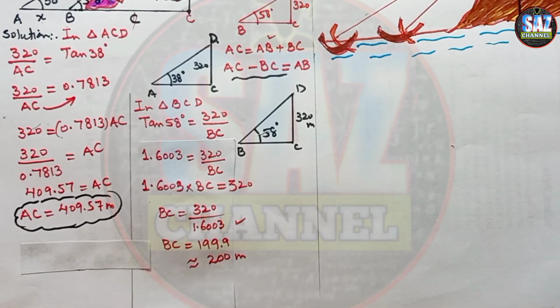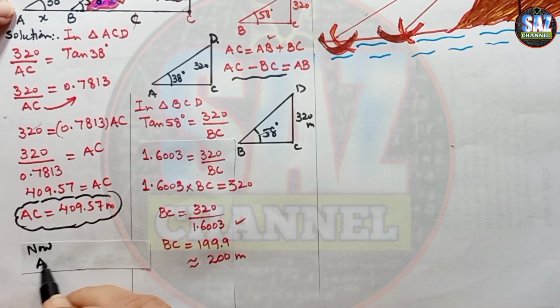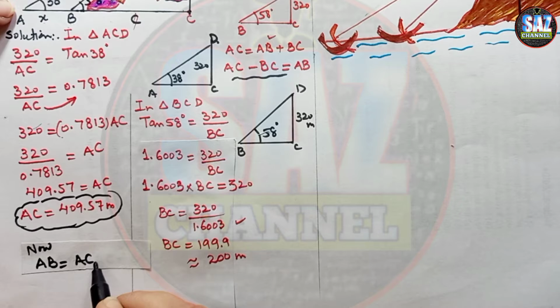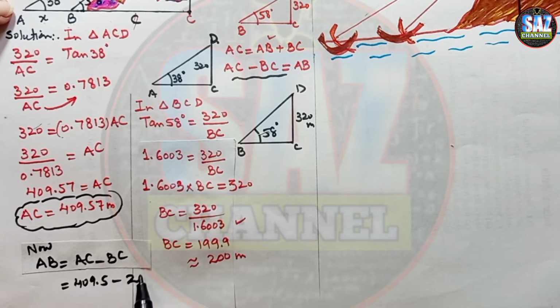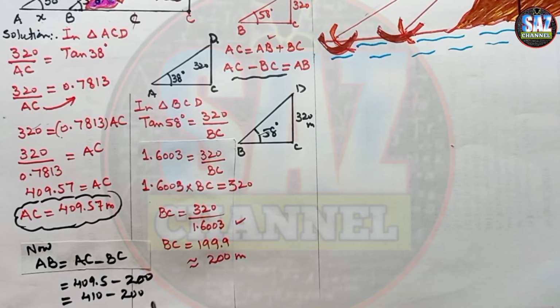And now the actual requirement is X, which is AB, equals AC minus BC, which is equal to 409.57 minus 200. 409.5 can be approximately taken as 410, so 410 minus 200 equals 210 meters.